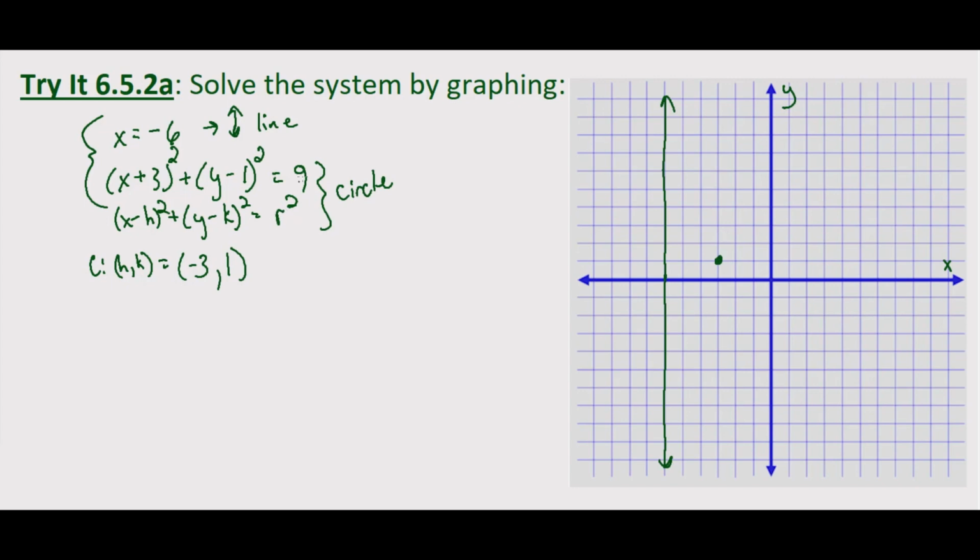And then the r², that means that r² equals 9, which means r equals 3. So we have a radius of 3. So we can go 3 in each direction from the center, and we know that that will be a point on the circle.